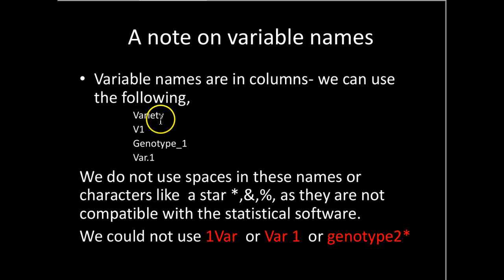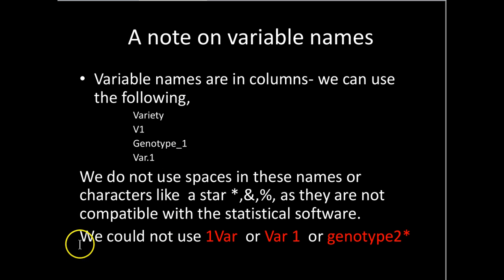They're all completely acceptable. But we do not use spaces, as I mentioned before, and we do not use characters such as stars, ampersands, percentages. They're not compatible with the statistical software, and even in other software packages, it's always advisable to try and keep your naming conventions fairly straightforward so that you don't run into problems when you're bringing your data in.